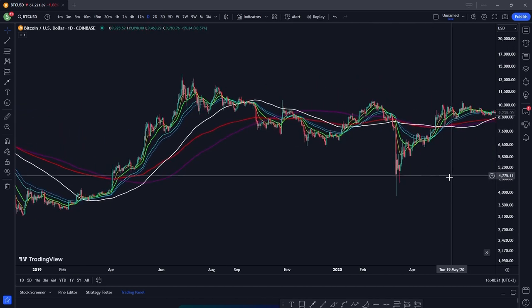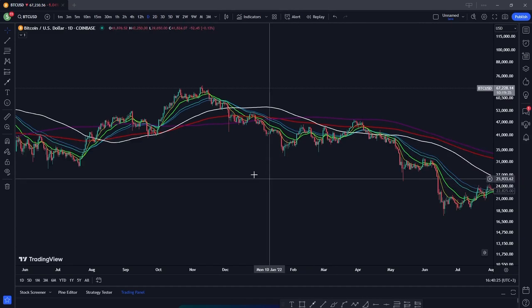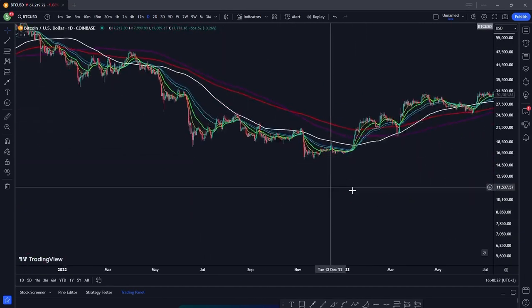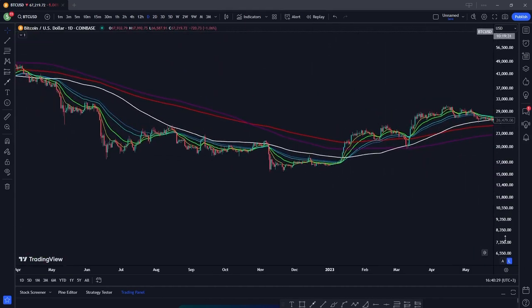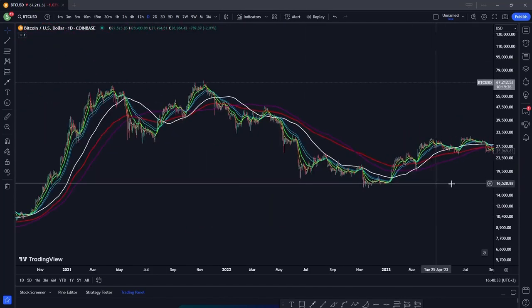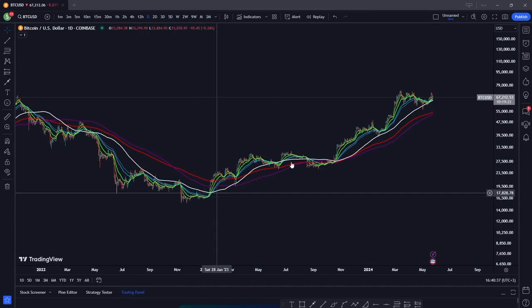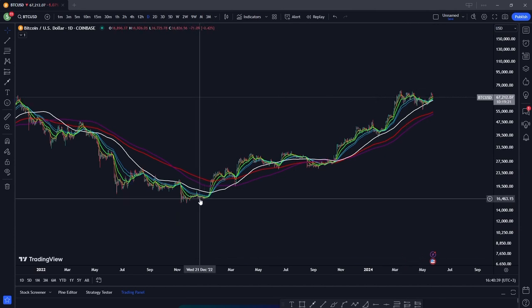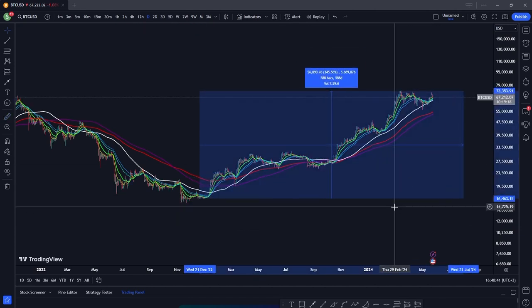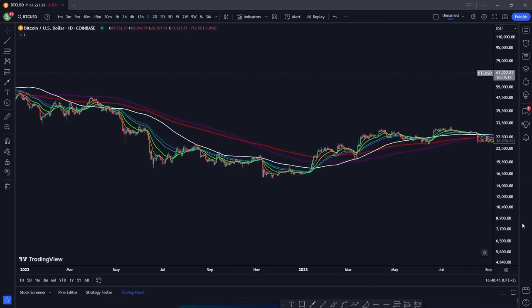So if we even recently, let's quickly go to recent. This is not a beautiful, this is not nice. Here, how did we move to this bull market that we're actually having right now? From 15,000 to 70k, that's a crazy move, right? 350%. But look how it formed, how the bull market formed.